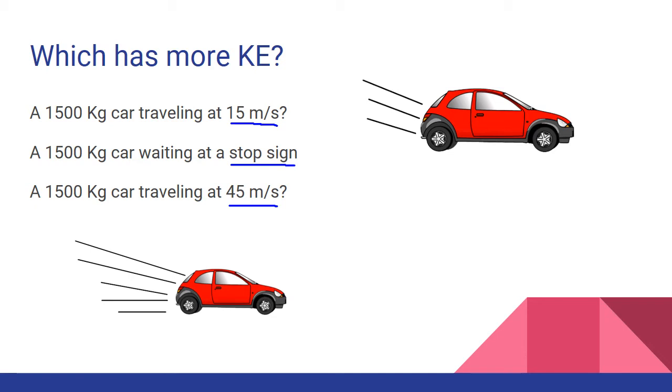In which situation does the car have more kinetic energy? Again, think of that formula where we're looking at mass and velocity together. The correct answer here is the car when it is moving at 45 meters per second. Since this is where it has the greatest velocity, that is where its kinetic energy will be greatest.